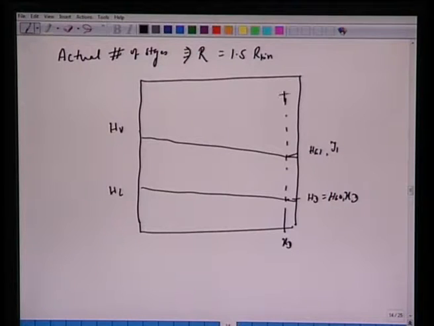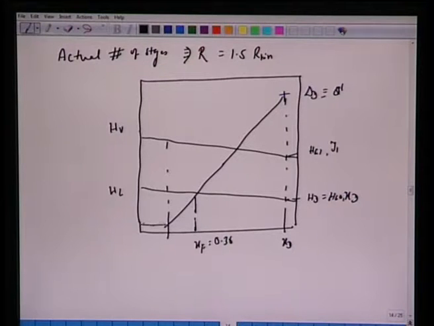Then this is del D corresponding to this Q dash. We know this feed F is slightly cold with this XF as 0.36, and we extended these lines to come to this point, which is XW, and here we have 0.0057.